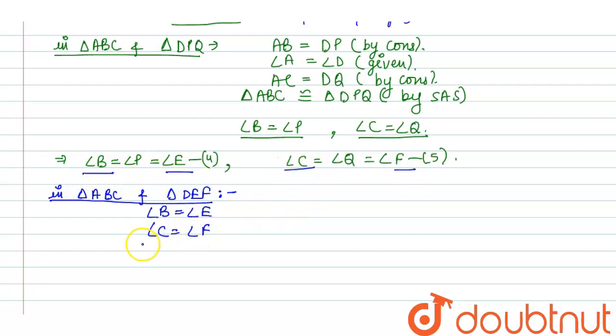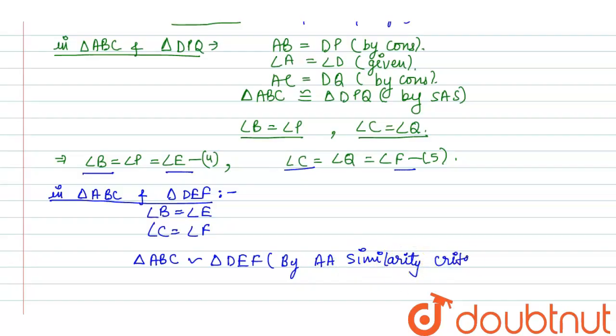So when two angles are equal, triangles are also similar. So we can say triangle ABC is similar to triangle DEF, and this is by AA similarity criteria. And this is what we had to prove according to our theorem.